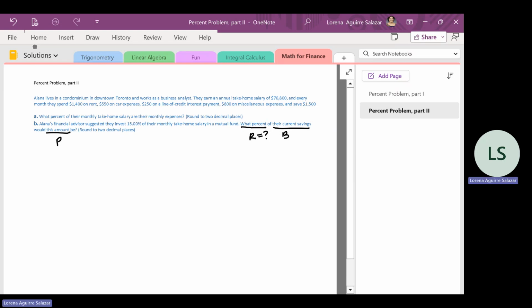We're trying to find R, and to find R, we need to work with B and P. So what percent of the current savings would this amount be?